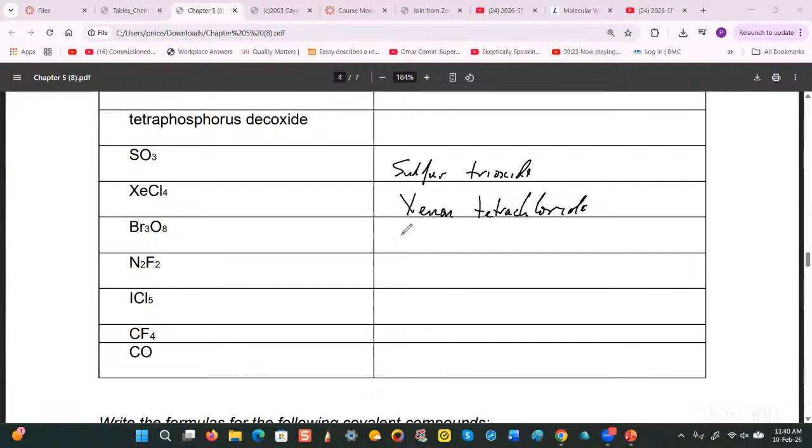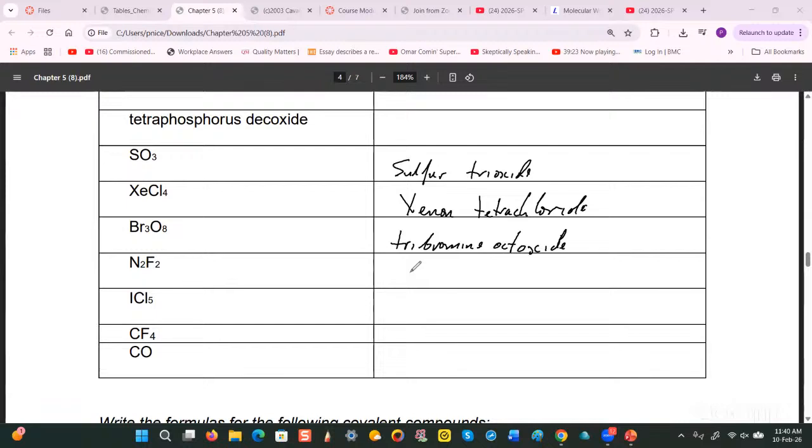Tribromine what? Octoxide. Octoxide or octaoxide. Again, this is one of the possibilities allowed by IUPAC, you can say octoxide or octaoxide, all right?